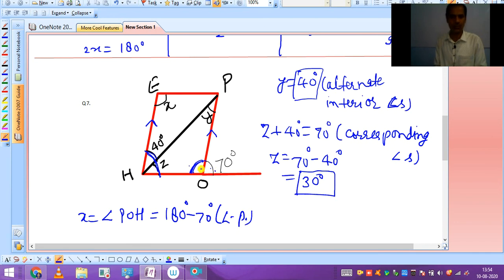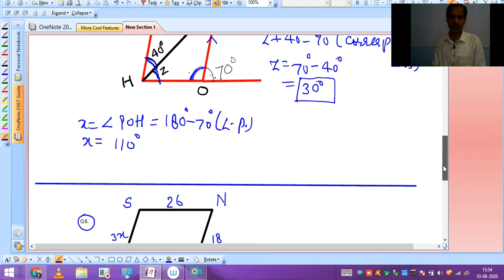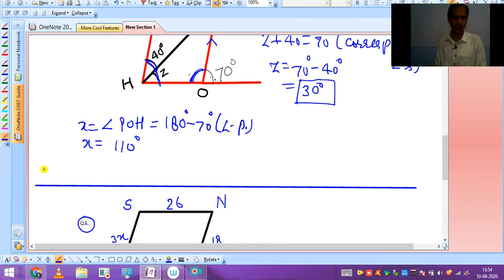Okay, so the 70 degree and this angle, both together make a linear pair, and a linear pair means the sum of two adjacent angles is 180 degree. Then easily we can find the value of x. X is 110 degree. Okay, now we can write the result.